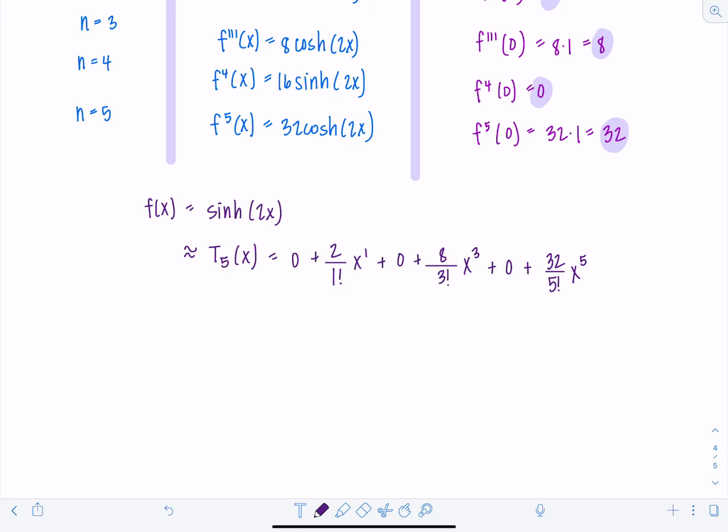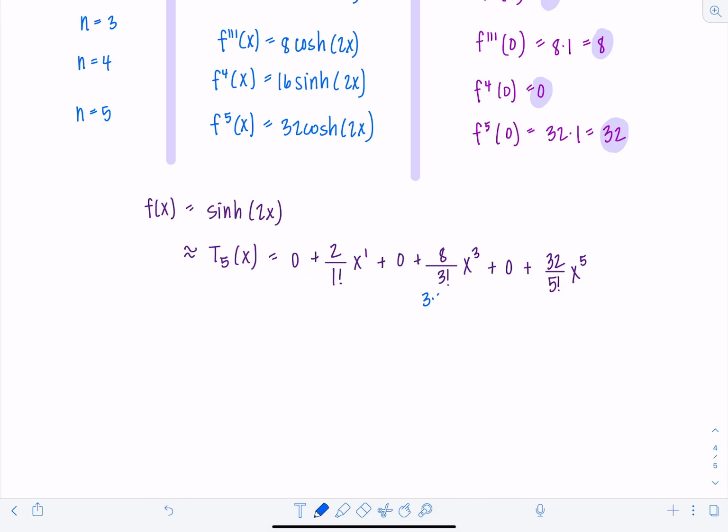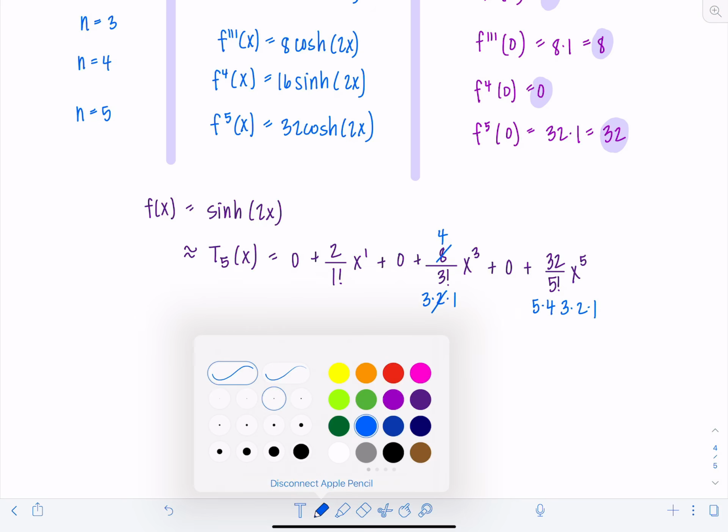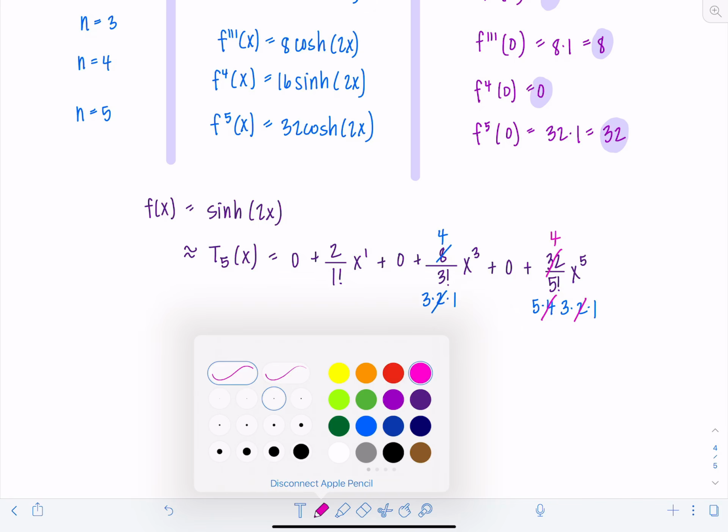Okay, so let's see what's going to cancel out. Well, 3 factorial, that's 3 times 2 times 1, so I can cancel the 2 with the 8, and I'm left with 4. And then 5 factorial, that's 5 times 4 times 3 times 2 times 1, so I can cancel out the 4 and the 2, that's 8 with 32, and I just have 4 left over.